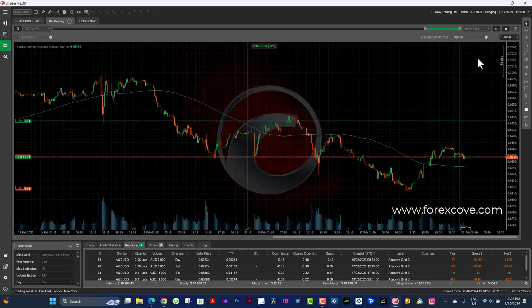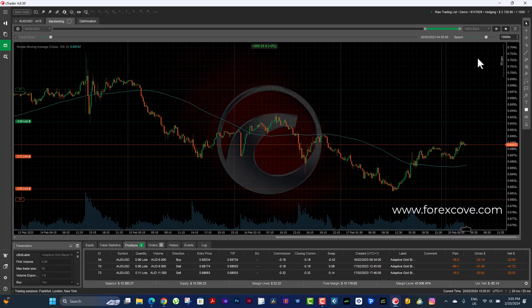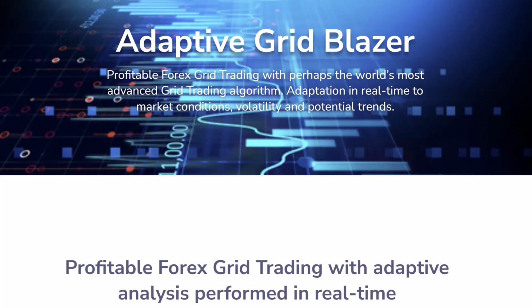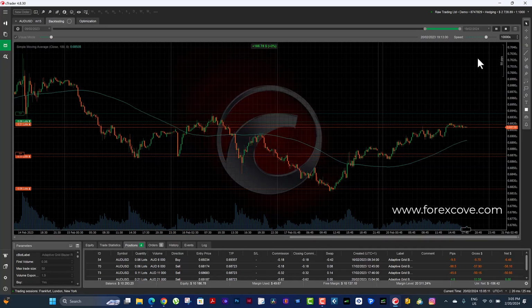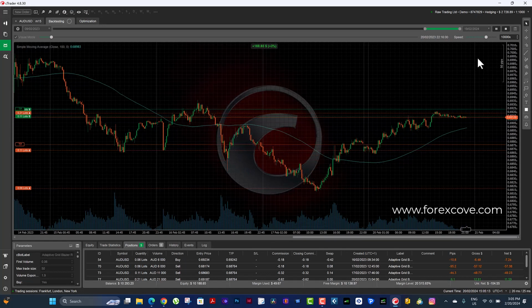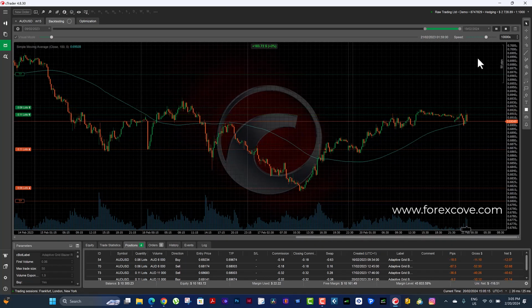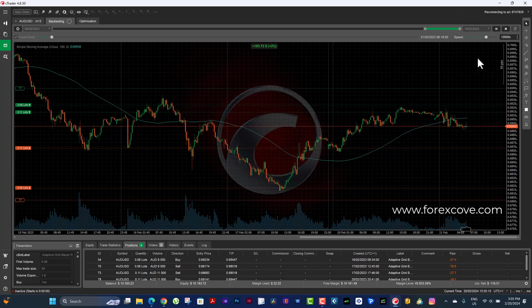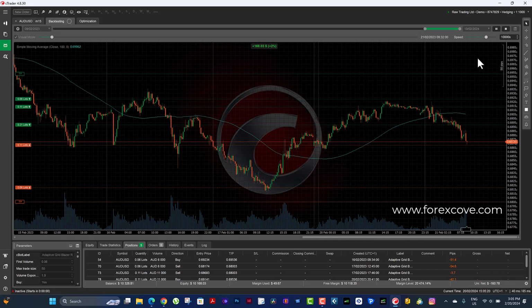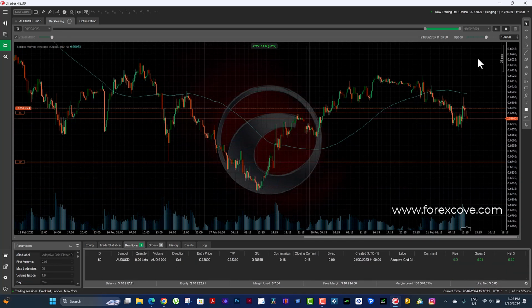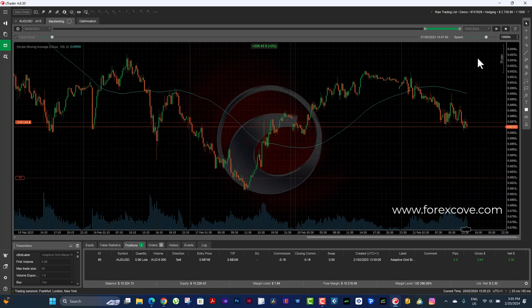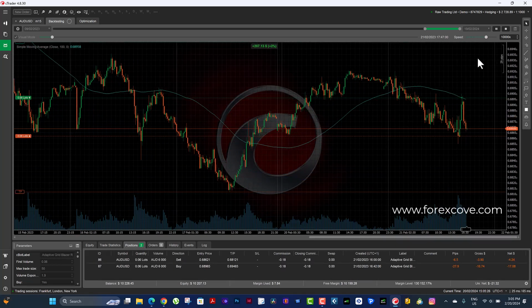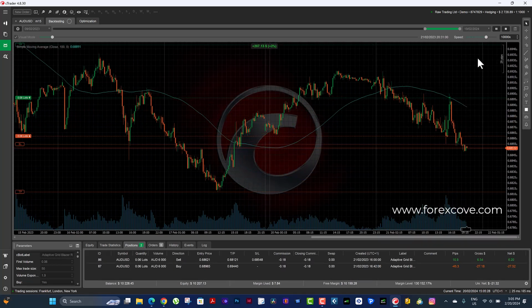Before we get started, what you're looking at here is an algo called Adaptive Grid Blazer, and you can find more information about it at our website forexcove.com if you're interested in grid trading and this particular approach. This is the Australian dollar to the US dollar on a 15-minute chart, trading from February 23 to current date.